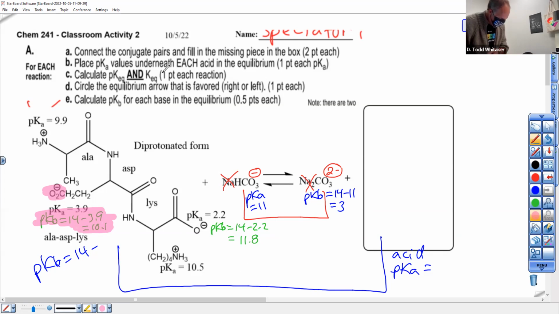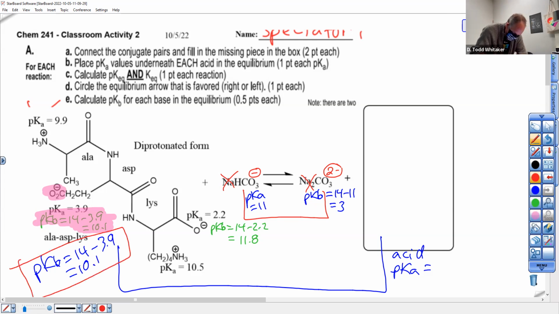So 14 minus 3.9 is 10.1. That's the one I'm going to use. That's an answer. This one I'm basically ignoring because it's not relevant. I had to do the math to figure out to cross it off, okay?